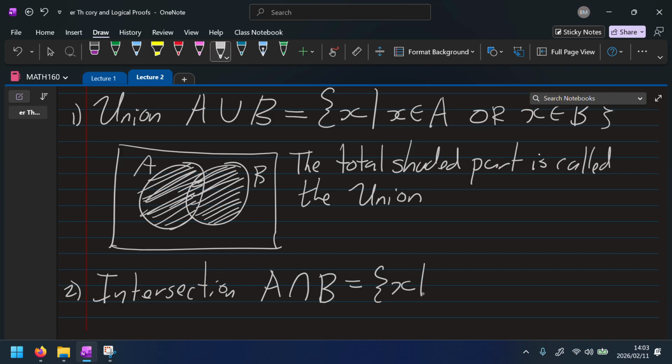Here's the rule: X is an element of A, and X is an element of B. In the first one, it's X element of A or X element of B. In the second case, it's X element of A and X element of B. That distinction makes all the difference between the two definitions.